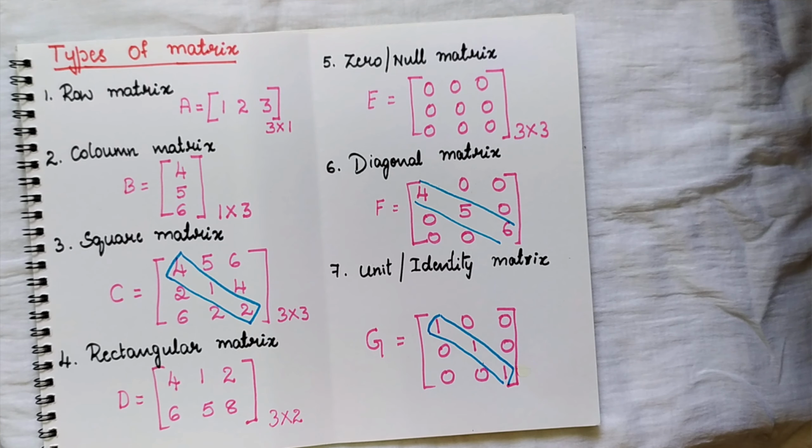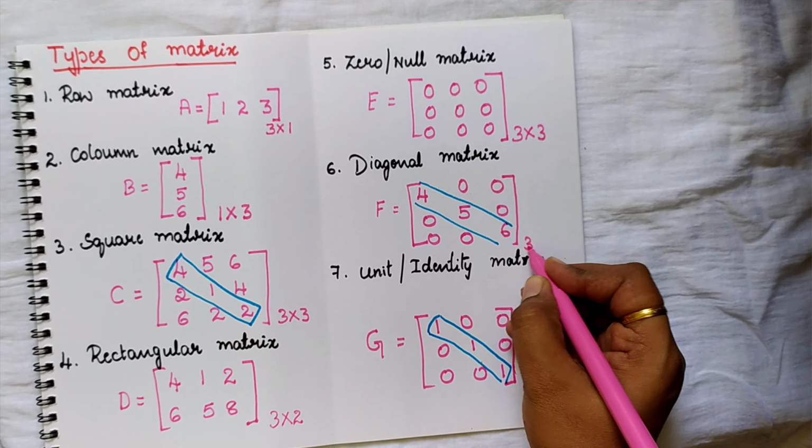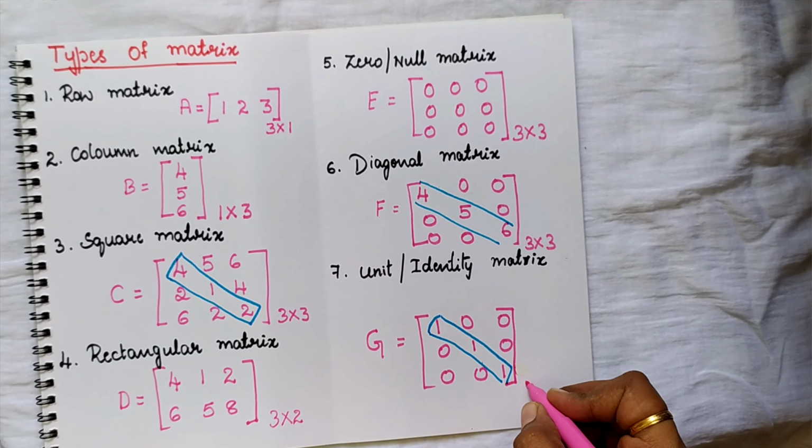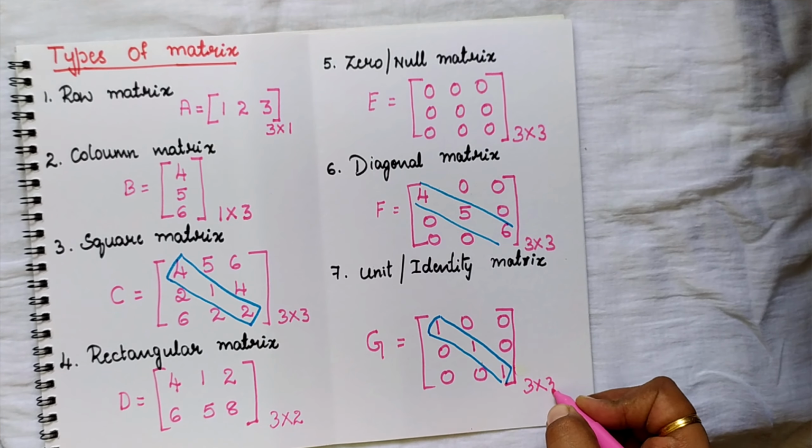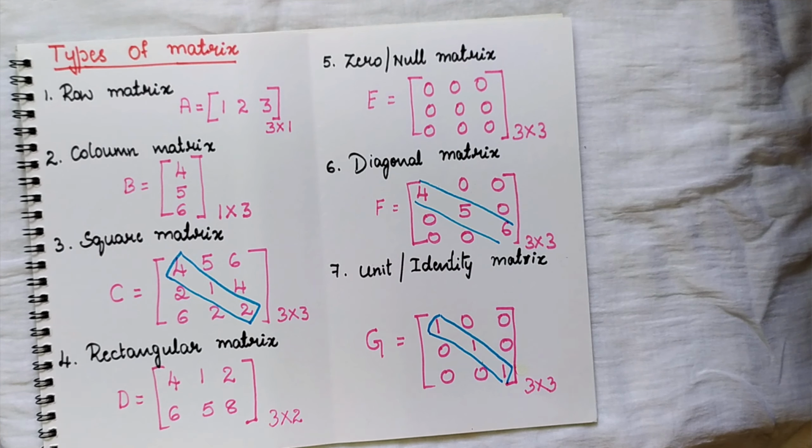Similarly, in this diagonal matrix and unity or identity matrix, here it is a 3 cross 3 matrix and here is a 3 cross 3 matrix. And this is all about the types of matrix. If you learn the types of matrix well, it is easy to understand the properties of matrix and also to do the operations with the matrix.